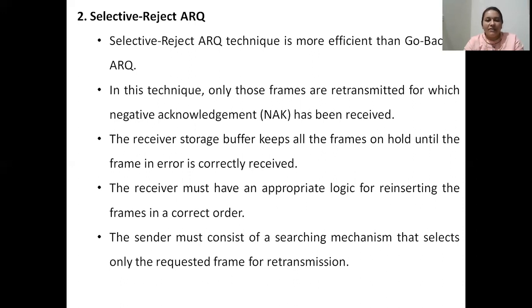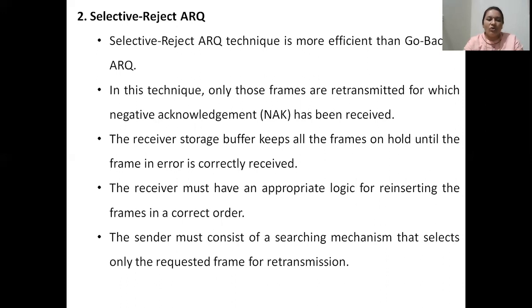Hence, the receiver should have an appropriate logic so that once the correct frame comes, it has to reinsert that frame in order along with the frames which are kept in the buffer. So that intelligence should be there in the receiver, and the sender must also have a mechanism to search its sender window for the frame for which the negative acknowledgement was received, and identify that frame and retransmit it.